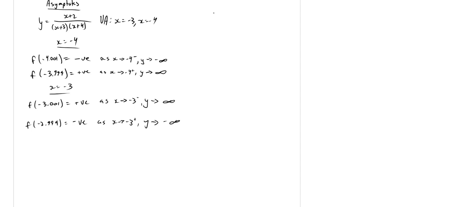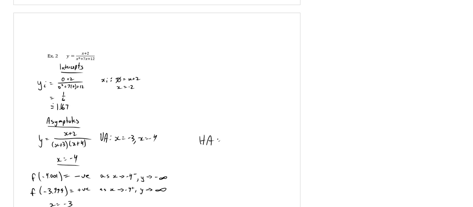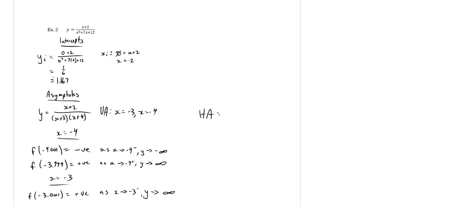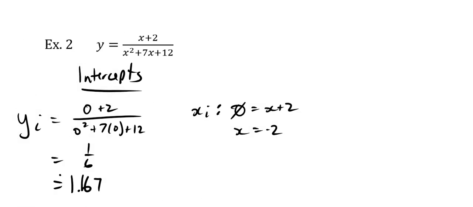Okay, and then my horizontal asymptote. Does anybody know what it is? Some people might say it's 1 over 1, but it's not. It's 0. Why is it 0? Because this is like 0x squared over 1x squared.